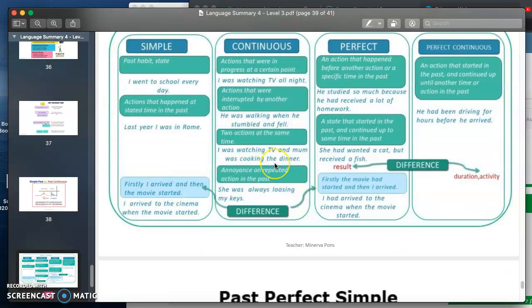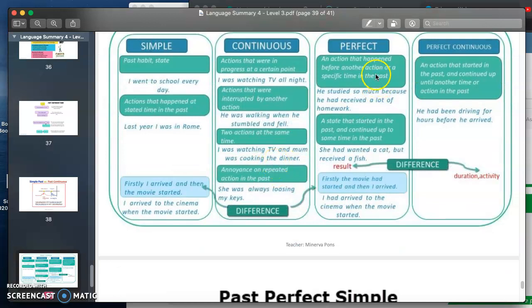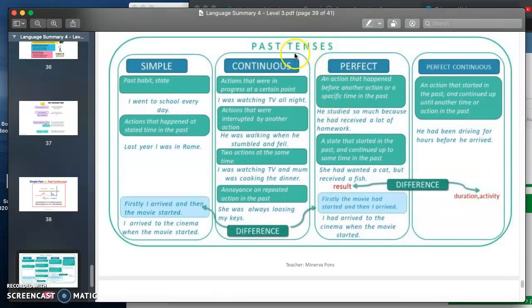So let's go ahead and explain this a little bit better. This past perfect is for an action that happened before another action in the past. So for example, we have this sentence: He studied so much because he had received a lot of homework.